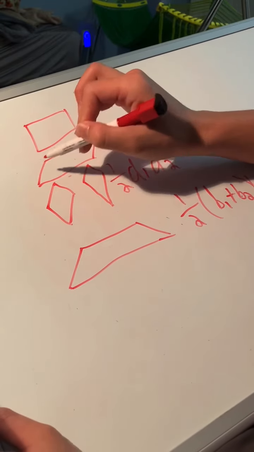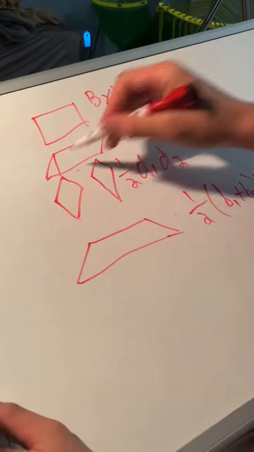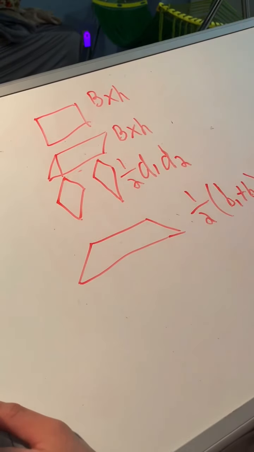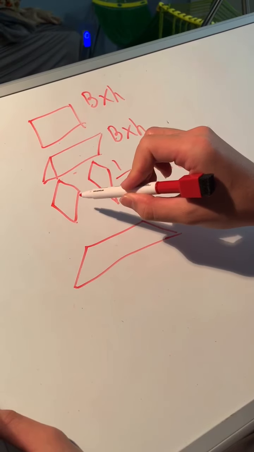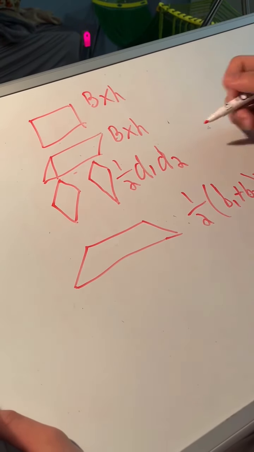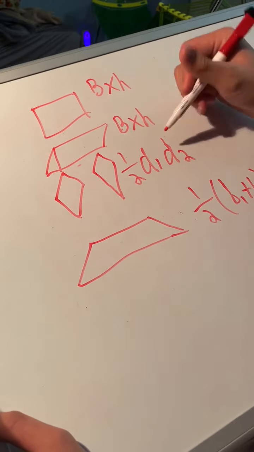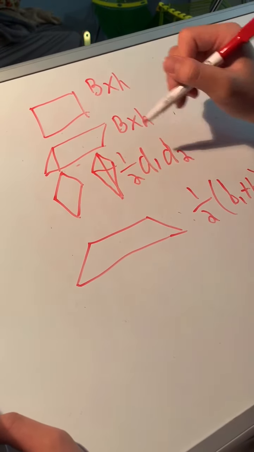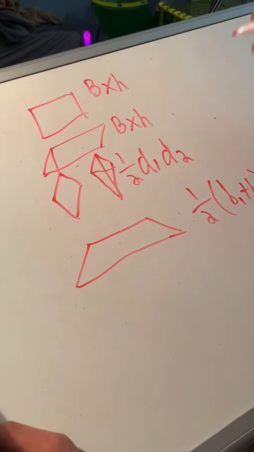Make sure not to use the slanted portion on the side right here, but to use the height, which is perpendicular to the base. You got the kite, and then you got the rhombus. Same thing applies to both of them, the same equation. It's just diagonal 1 times diagonal 2, divided by 2, or times 1/2, whatever you want to say.